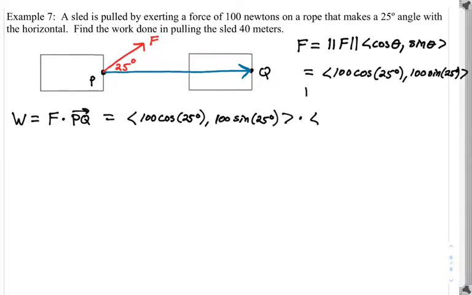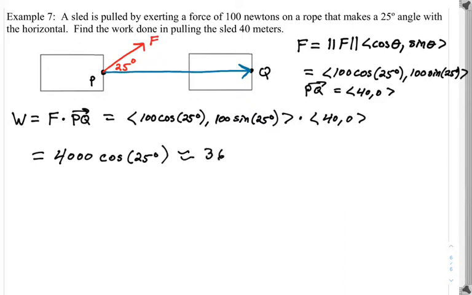Okay, and then vector PQ, we can say that at P is the origin and at Q is 40 meters away, so that'd be 40, 0. All right, so when we do the dot product, we're going to get 4,000 cosine of 25, and that's going to be about 3,625.23, and that would be newtons times meters, Newton meters, and I believe that is also a joule.